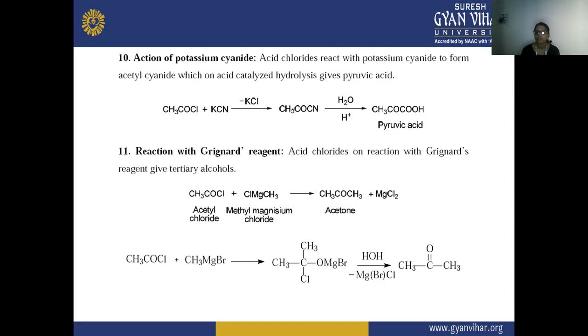There is a formation of an alkyl magnesium halide. So this alkyl magnesium halide is your Grignard reagent, and on reaction with the acid chloride, it forms your tertiary alcohol.